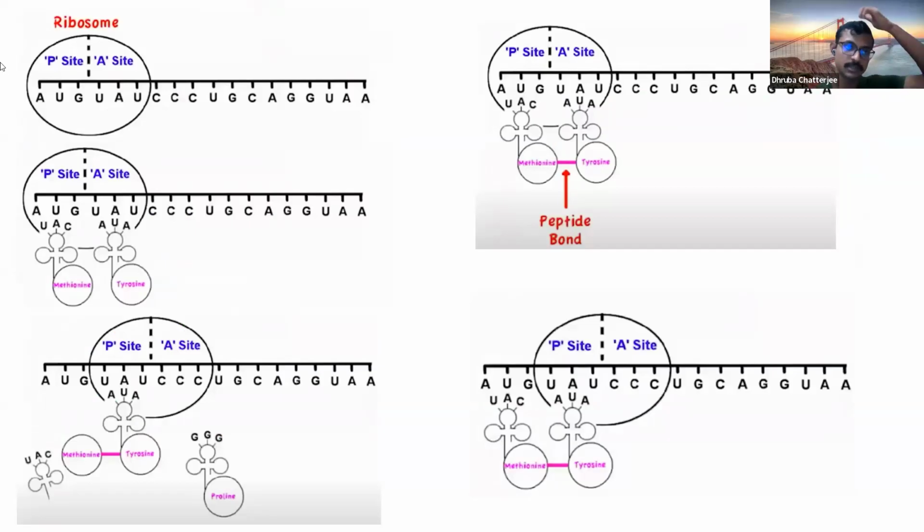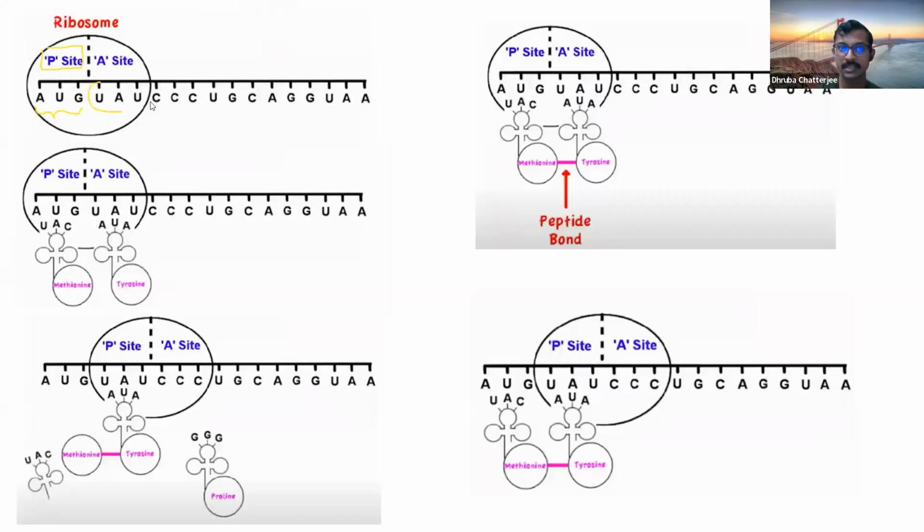As I already mentioned, when the mRNA comes to the cytosol, first the small ribosomal subunit will bind, then the large ribosomal subunit will bind, and this will give you the entire ribosomal complex. Now, within that, initially at the P site, or the peptidyl site, your start codon will be present, which is AUG.